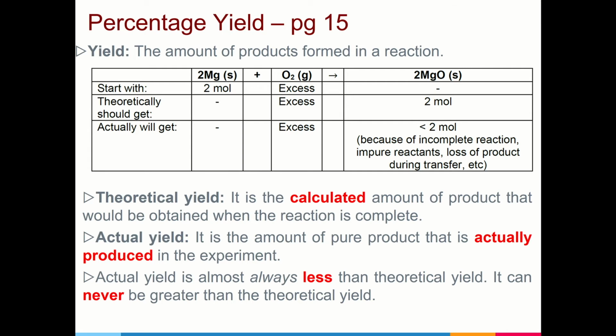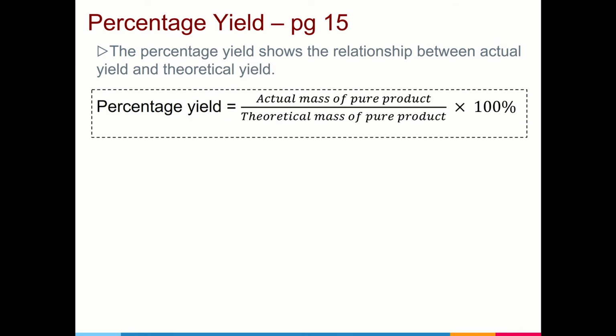So how do we connect them together? Percentage yield means the amount that I actually produce over the theoretical amount times 100%. If theoretically I'm supposed to get 1 kg of product and in the actual reaction I have 1 kg of product formed as well, this reaction is 100% yield.